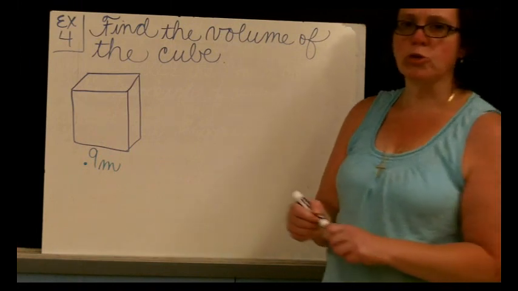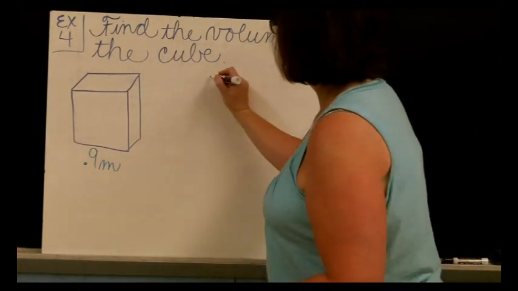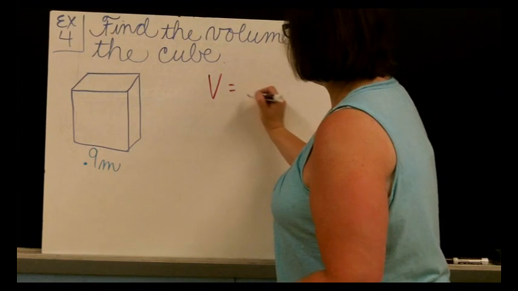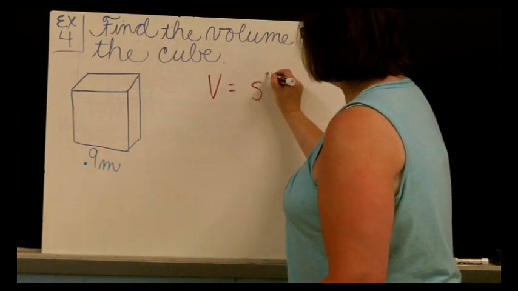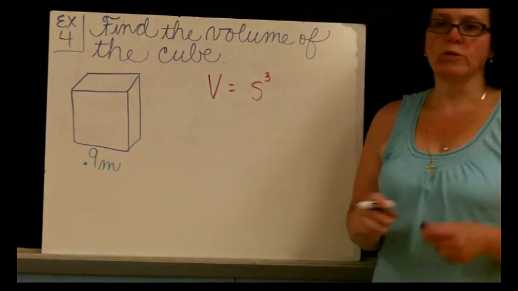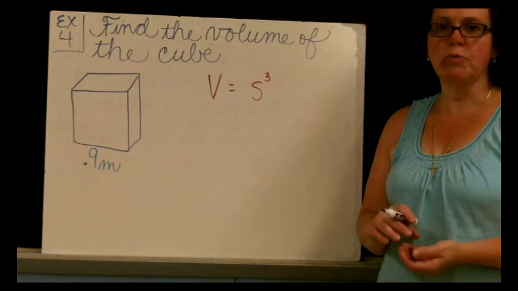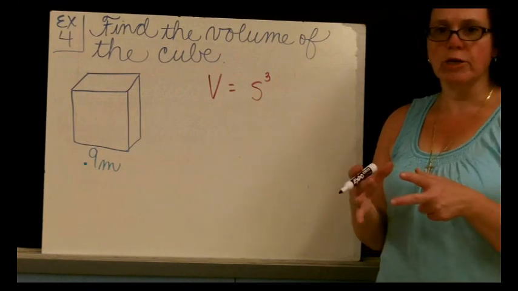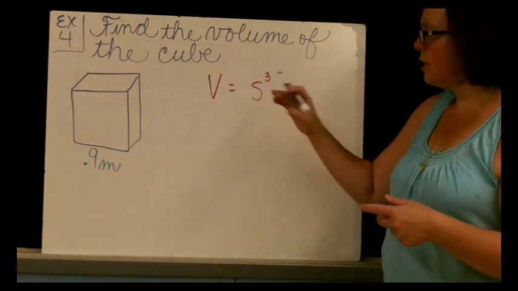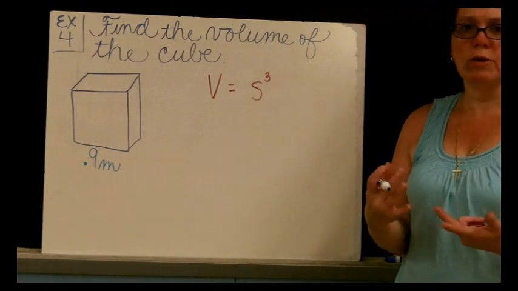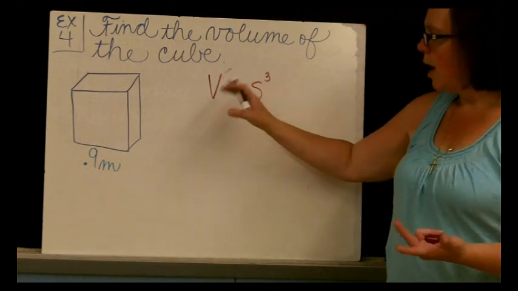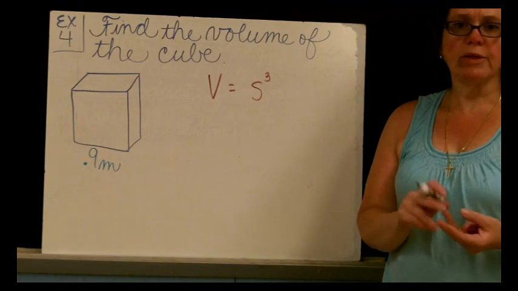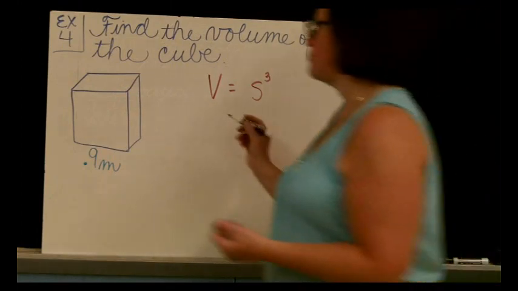And what are we going to start with? The formula. The formula for volume is side to the 3rd power, side cubed, because a cube, being a 3-dimensional object, has 3 dimensions that we need to measure. Height, width, and length. Length, width, and height.